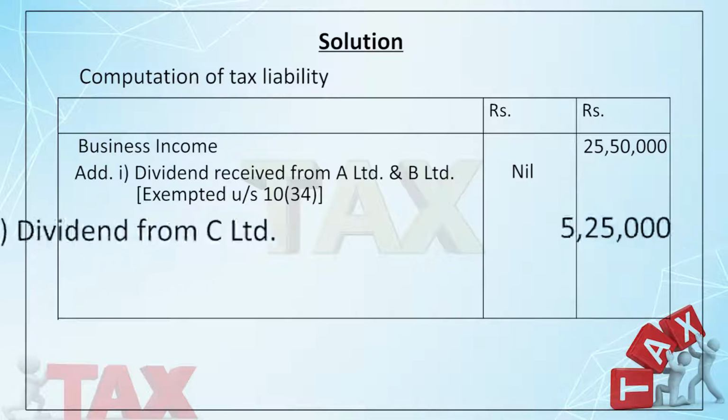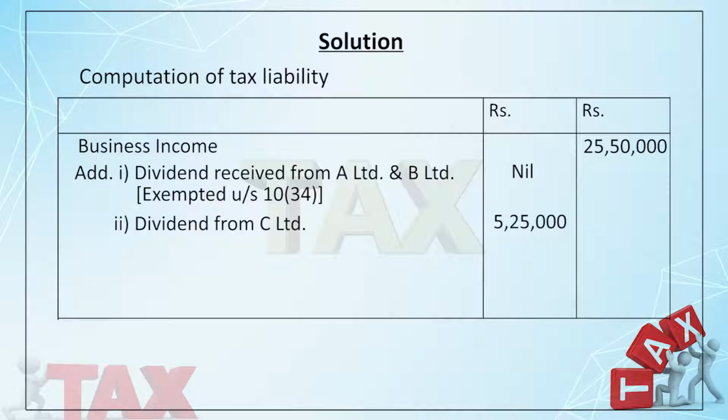Then dividend from C Limited, 5,25,000, and in this case the Blue Bird company has paid an expenditure. Now, as per provision of section 115 BBD, no expenditure to be allowed as deduction, but the dividend from such specified foreign company will be taxed at separate rate. But you have to calculate the total income. So, first compute the total income.